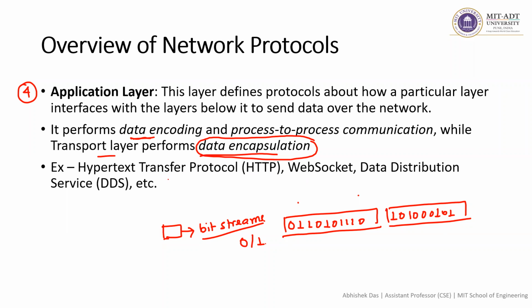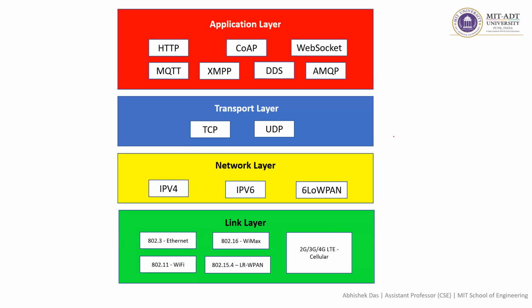I will just show you what the different layers are, along with the different protocols present. So this is the diagram. Is it visible? This is the application layer, this is the transport layer, this is the network layer, and this is the link layer.